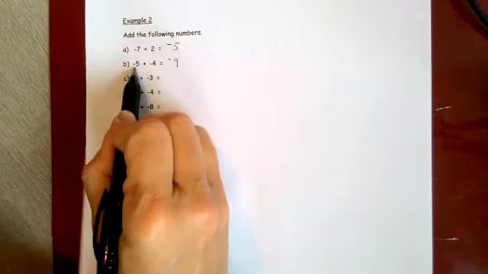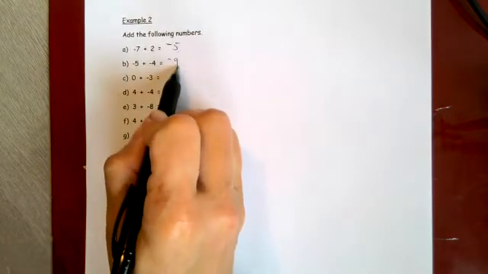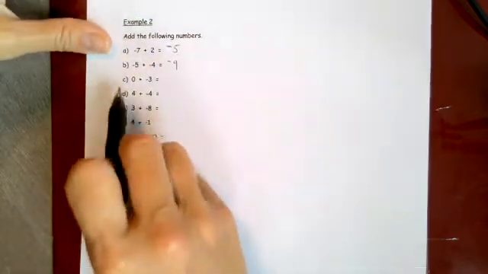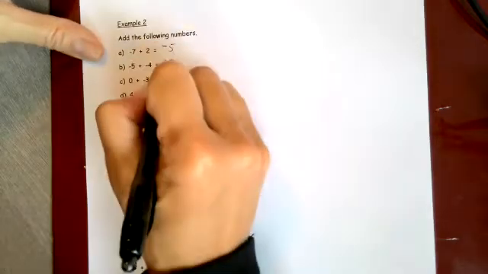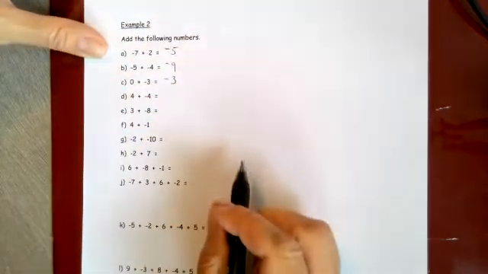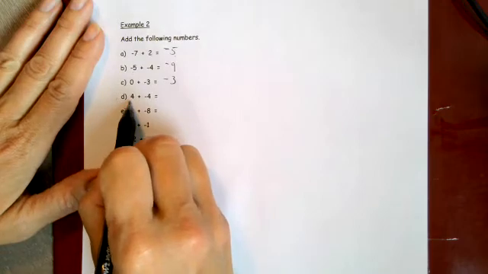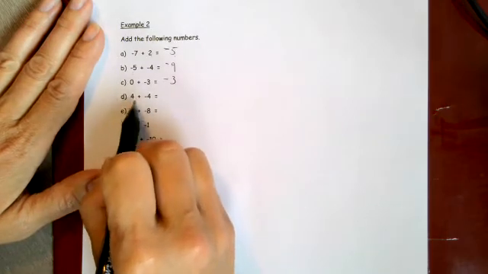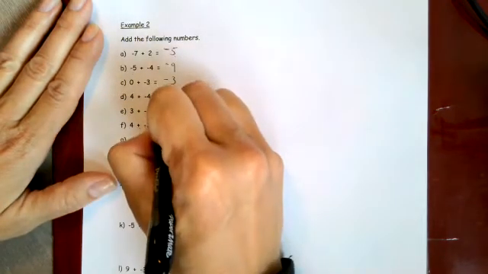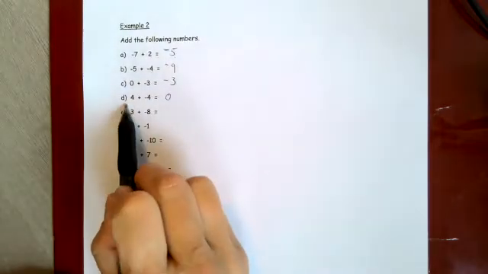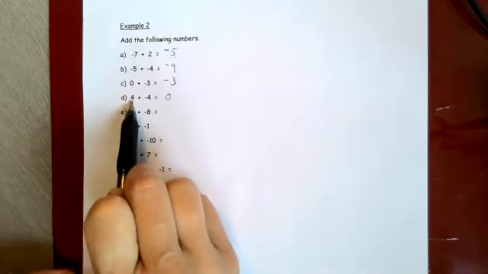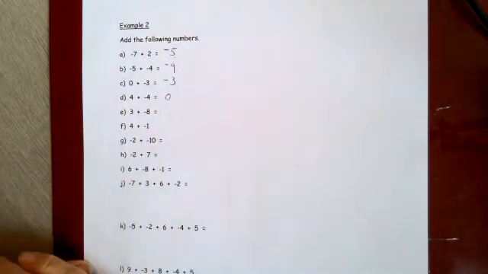It's -5 plus -4 is -9. Here I have nothing plus -3. So I stay at -3. 4 plus -4 is going to be 0. I'm adding opposite signs, so I'm subtracting, and they're the same but opposite signs.